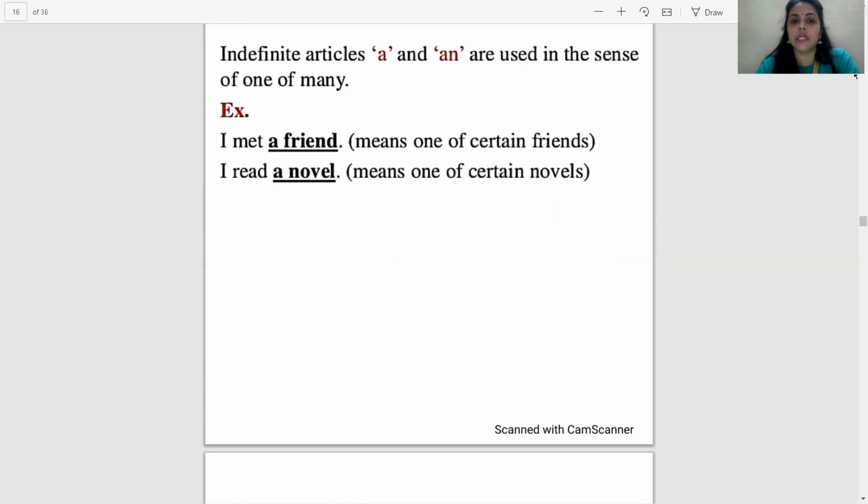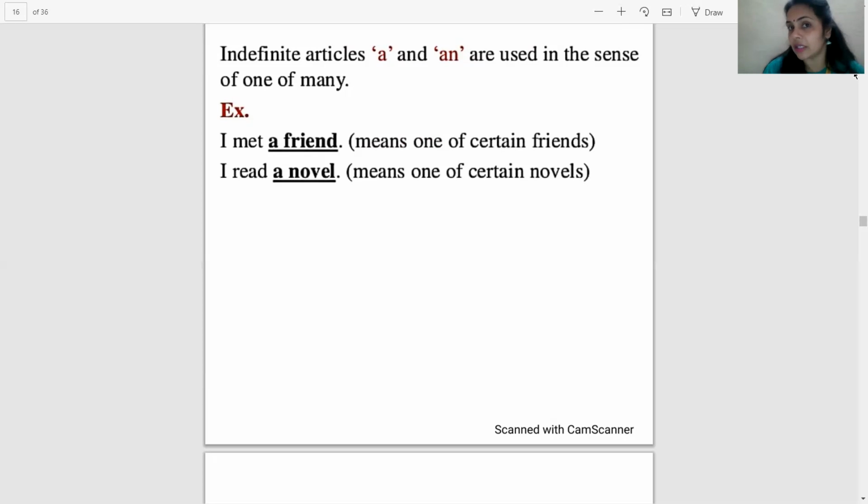Indefinite articles a and an are used in the sense of one of many. Naturally, if I say I met a friend today, I am not giving you a particular idea or the name of a particular friend whom I met today. I'm just saying in general I met a friend today. Out of so many friends, I met that one friend.